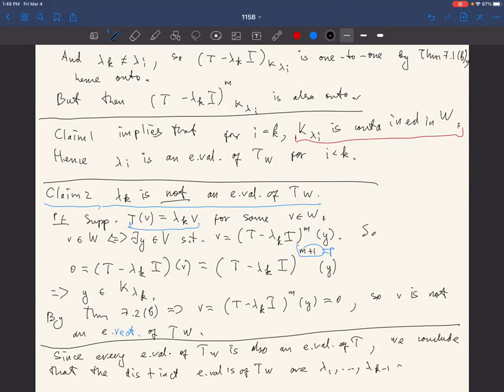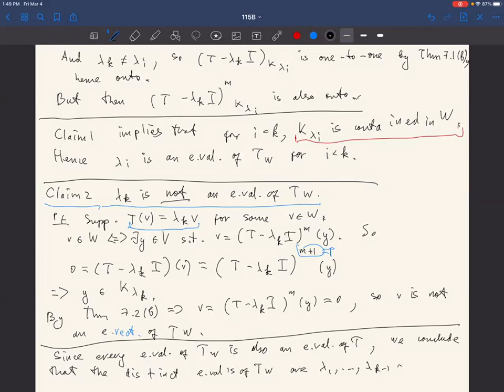Remember, lambda 1 through lambda k listed all eigenvalues of T, and each eigenvalue of TW is in particular an eigenvalue of T. So all eigenvalues of TW must appear in this list, lambda 1 through lambda k, and we have just ruled out the last one, lambda k.